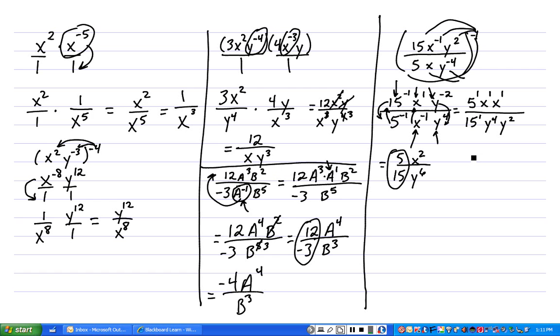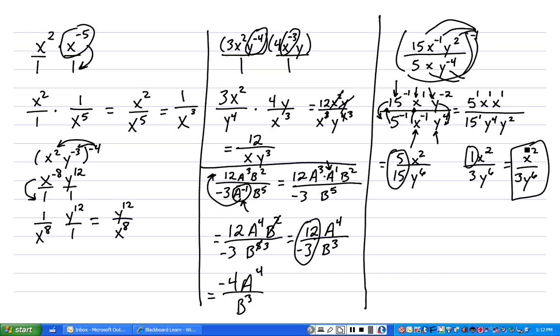So what you end up with is 1x squared over 3 y to the 6. 5 over 15 reduced to 1/3, and we know we don't write 1 unless we don't have anything else in the numerator accompanying it, so we simplify to make it look like this: x squared over 3y to the 6. That would be your final answer.